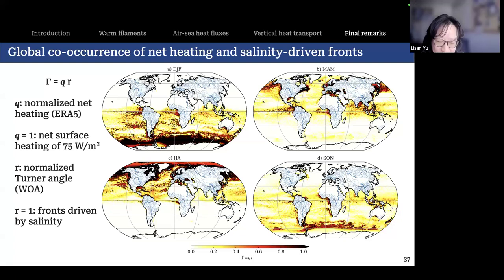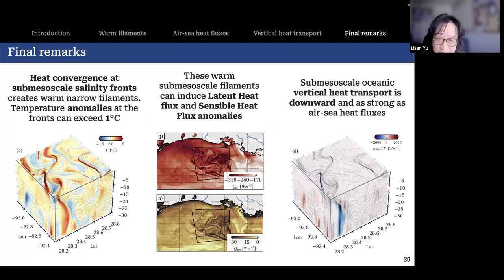Hi, it's a really nice talk. Thank you. I have two questions. The first one, especially on the last page, you summarized that those filaments could induce those latent-sensitive flux anomalies, and these anomalies are associated with warm fronts, right? To my understanding, your experiment is kind of forced by fluxes.